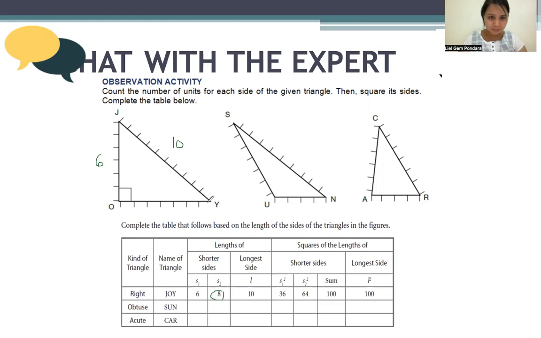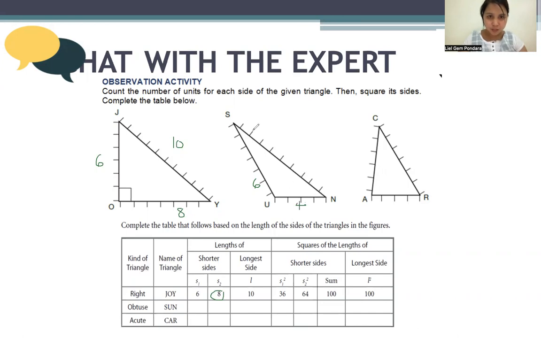The base here, maybe they missed some. But the other? 1, 2, 3, 4, 5, 6. Then 1, 2, 3, 4.